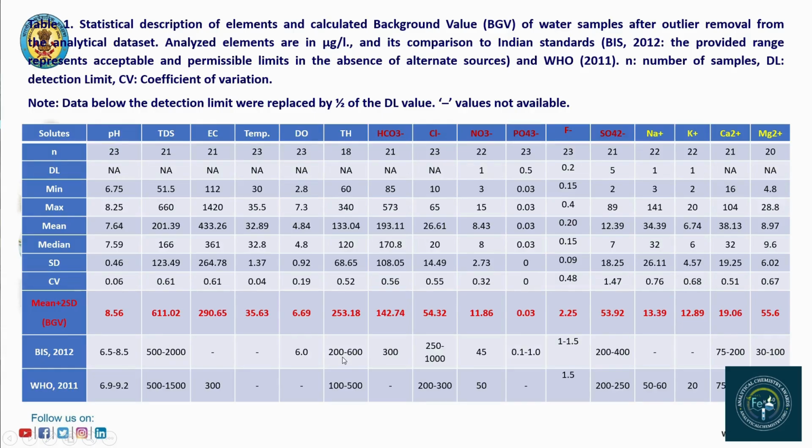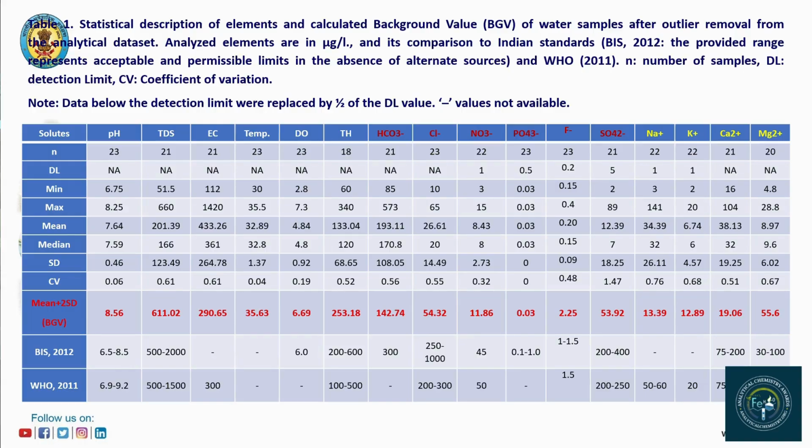These are given as the range, the acceptable and permissible limit, which we have compared. And we have also used the WHO guidelines, which I think are the same as the Bureau of Indian Standards here. And this is about the hydrochemical solutes.